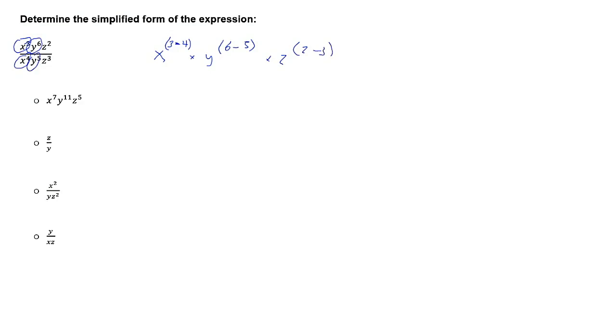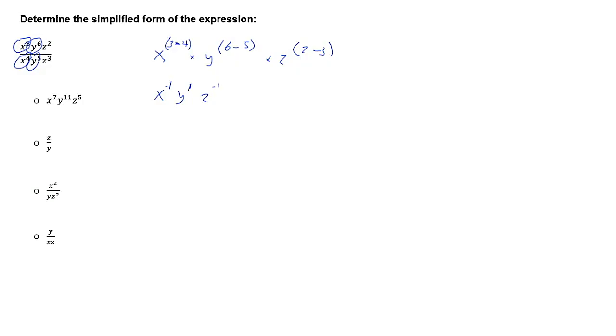If we work each of those out, we get x, and 3 minus 4 equals negative 1, times y, and 6 minus 5 equals 1, times z, and 2 minus 3 equals negative 1.